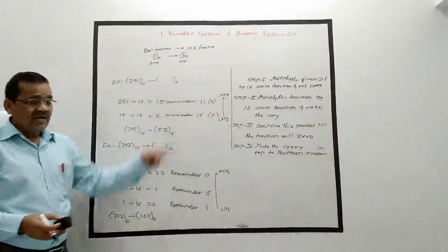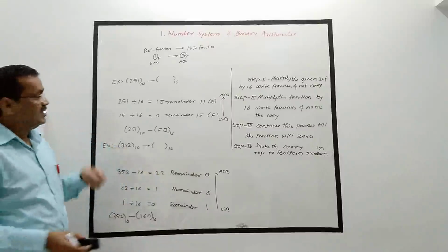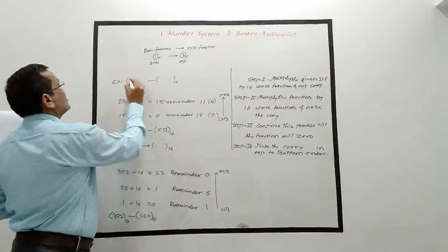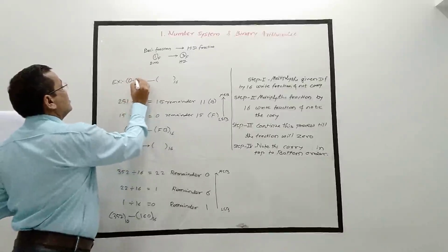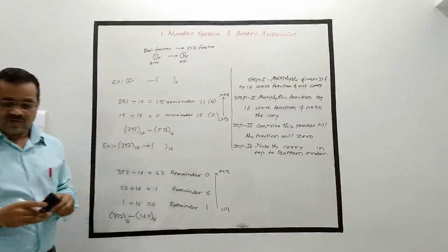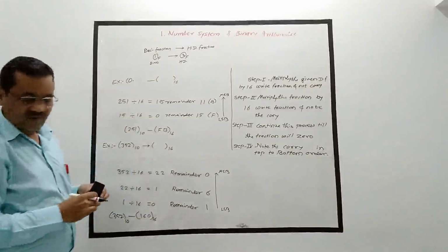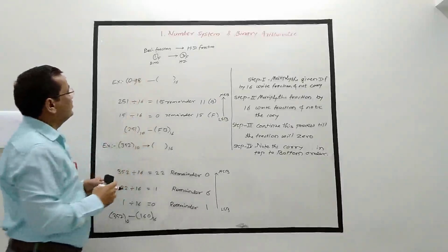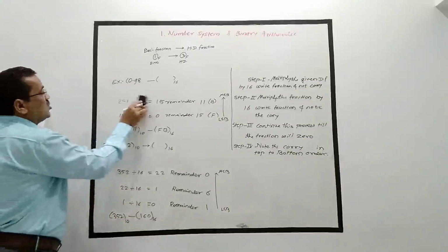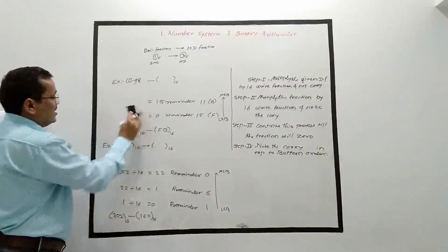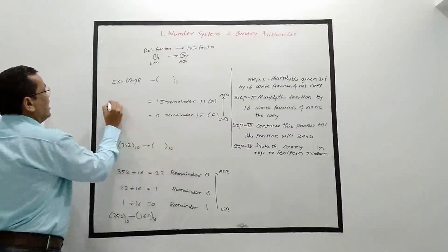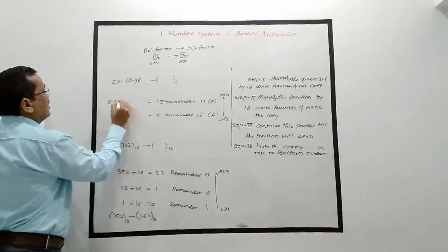So to understand this process, let us consider one example of 0.625. Instead of that, we have taken an example of 0.92. So what are the steps? 0.92 into 16.